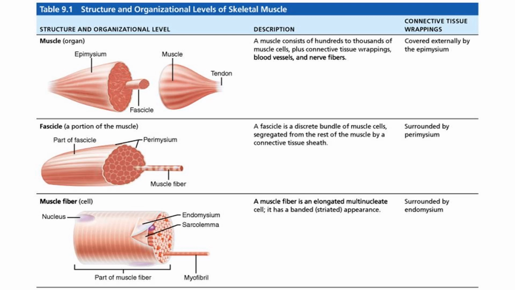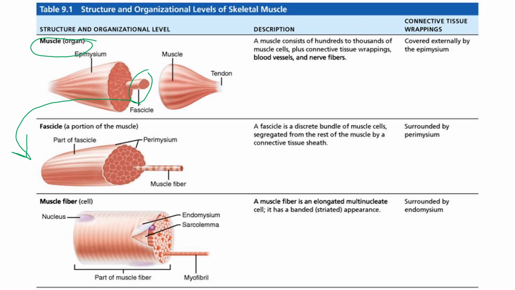All right, so just a little bit about the structural organization of muscles at different levels. We've talked about the muscle as an organ right here. If we have the whole muscle, it's going to be surrounded by the epimysium. The next layer down from the whole muscle organ is then the fascicle. So if we go down to this level, we have now a fascicle.